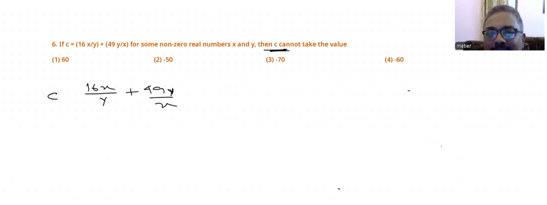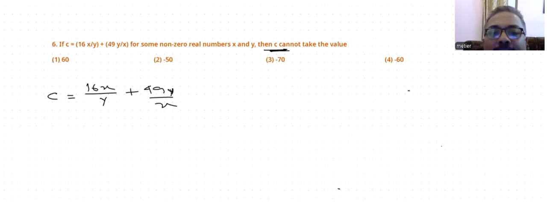So what we can say here, you have to go for a certain technique where these variables X and Y will be cancelled out. Just have a look, observation skill. One term is having X by Y, another term is having Y by X. If you multiply them, variables will be cancelled out.